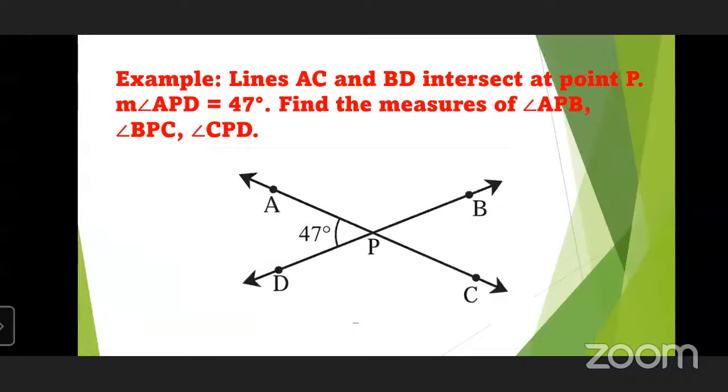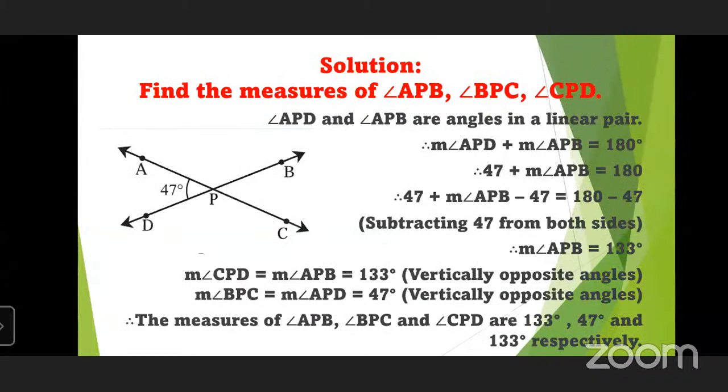Now as you can see here, by subtracting 47 from 180, we got angle 133. Now 133 and 47 degrees, we have two measurements of these different angles, and vertically opposite angles are equal.